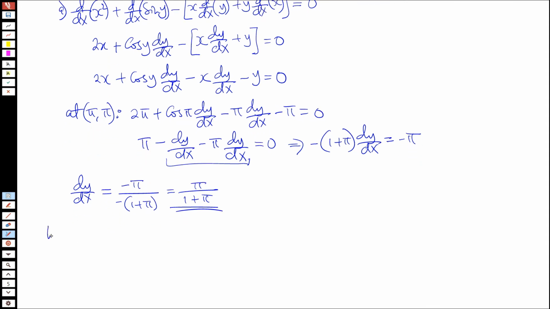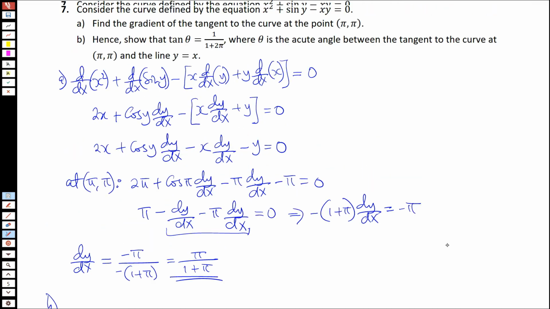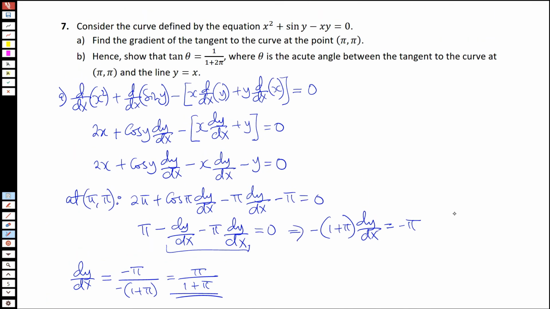For part B of this question, we are required to show that tan θ is equal to 1 over 1 plus 2π, where θ is the acute angle between the tangent to the curve at this point and the line y equals x.